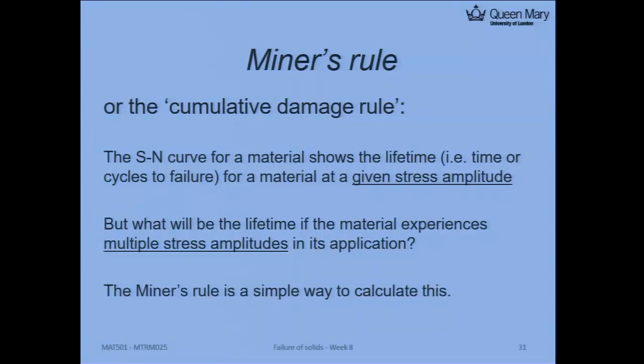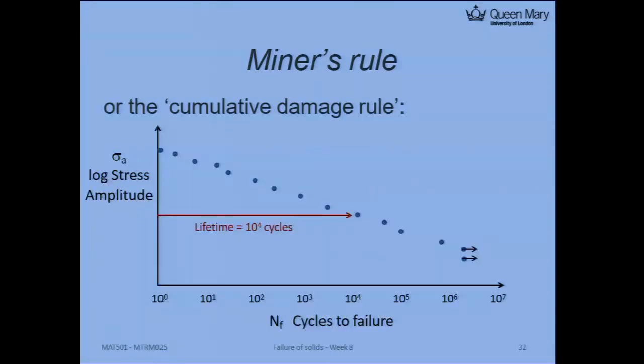So basically, each part will contribute to the cyclic life, the fatigue life of the material. This Miner's rule is to help you answer that question: how to predict fatigue life if you apply different amplitudes. For example here, I have this SN curve. If I apply stress amplitude sigma A around here, it will give you an answer here, 10 to 4.